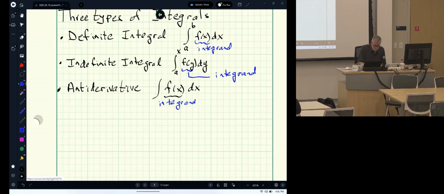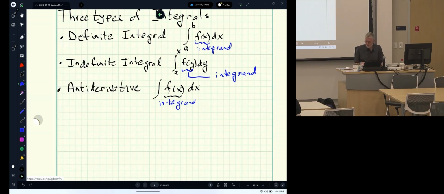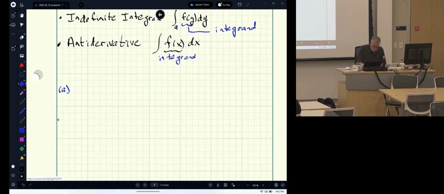Okay, so I'm going to give you 3 functions, and I want you to determine if some of them are antiderivatives of others.